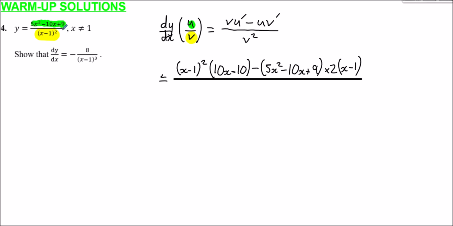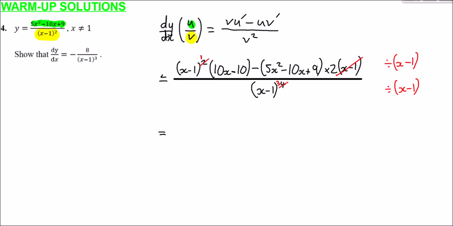So x minus 1 squared, squared, is going to be x minus 1 to the power 4. What you can see here is we've got x minus 1 as a common factor in both bits of the numerator and also the denominator. So if I divide through both bits by one lot of x minus 1, then this will cancel to power 3, this will cancel to just one lot, and that will cancel altogether.